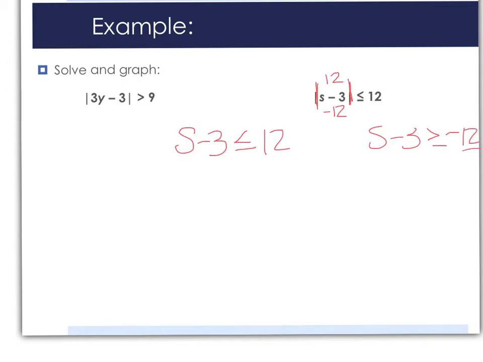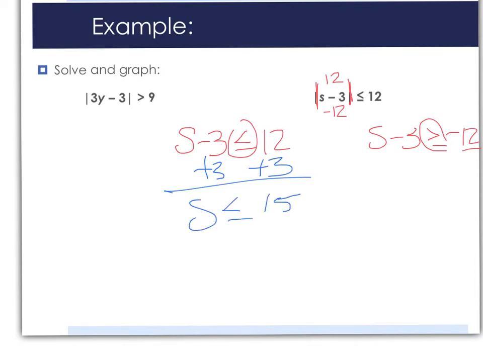Again, with the negative, I need to flip the switch, changing from one to the other. I will use the SIC process now, add 3 to both sides in both inequalities. s is going to be less than or equal to 15. Add 3 to both sides of this inequality. s is going to be greater than or equal to negative 9.